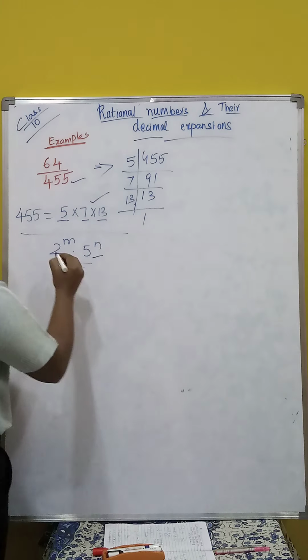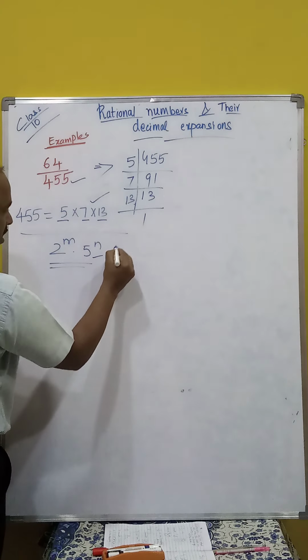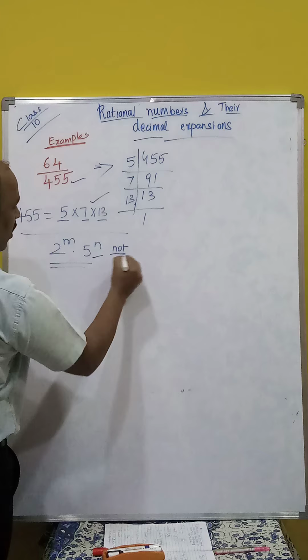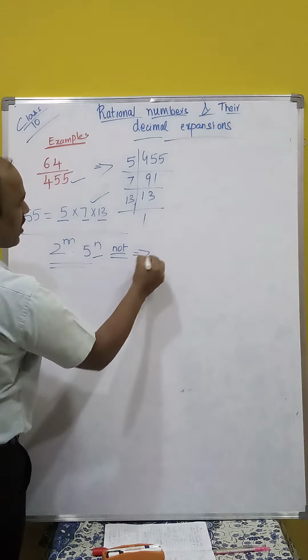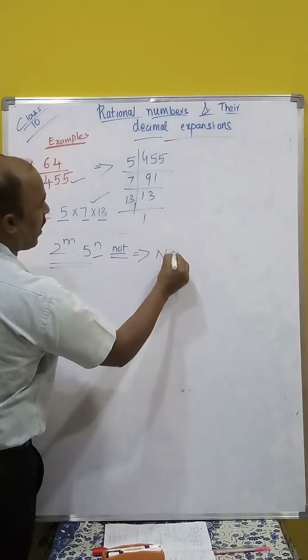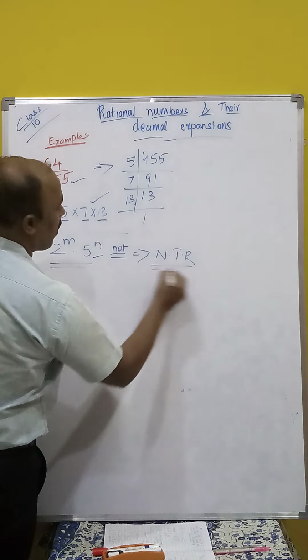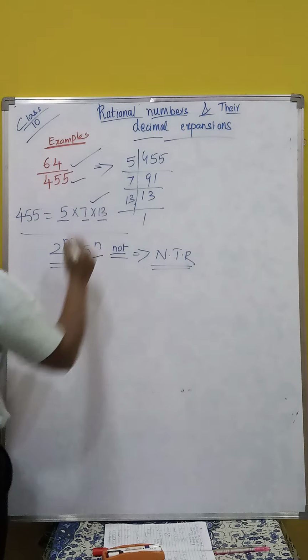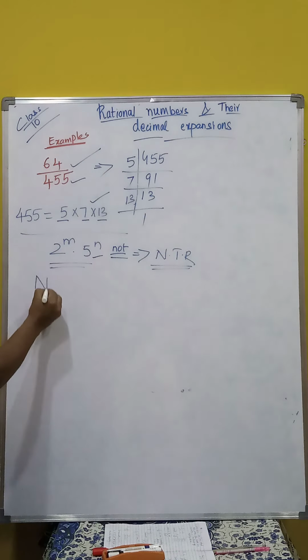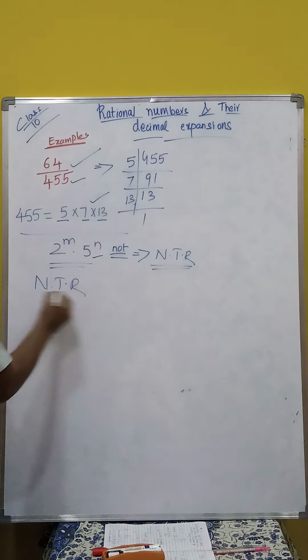Directly we can say which is not in the form of 2 power m into 5 power n. Then what type of decimal it is? Non-terminating repeating. This decimal expansion directly you can say is non-terminating repeating.